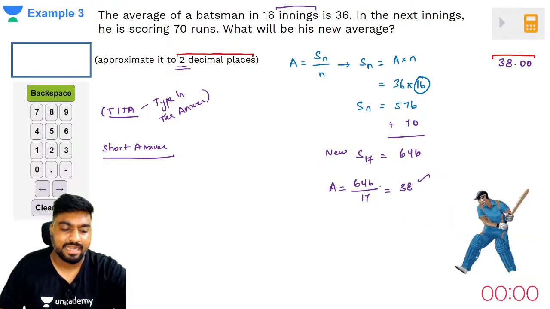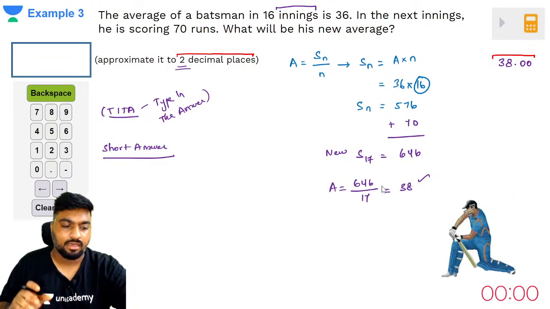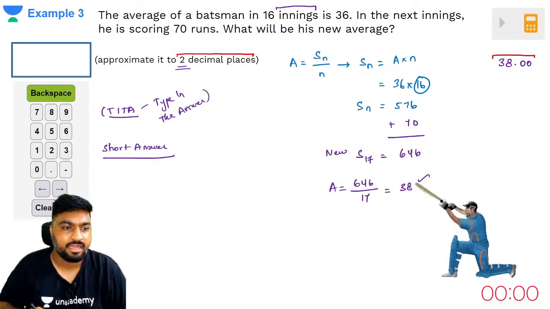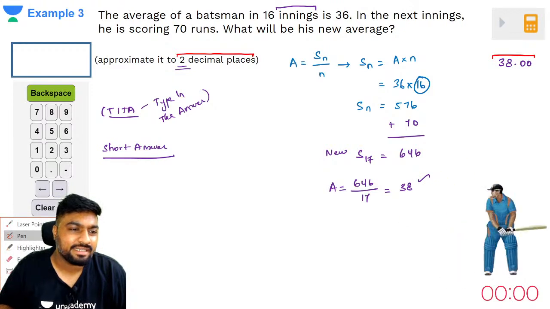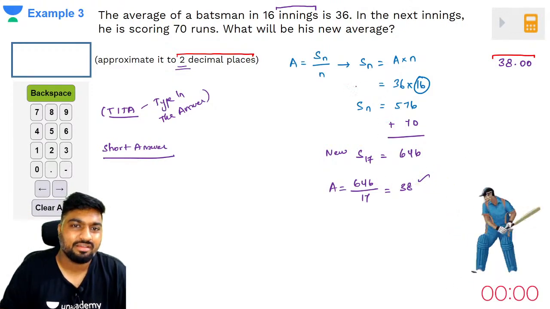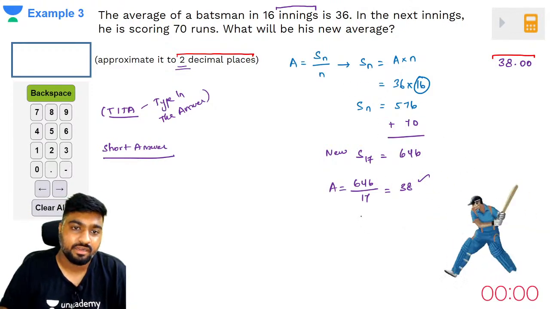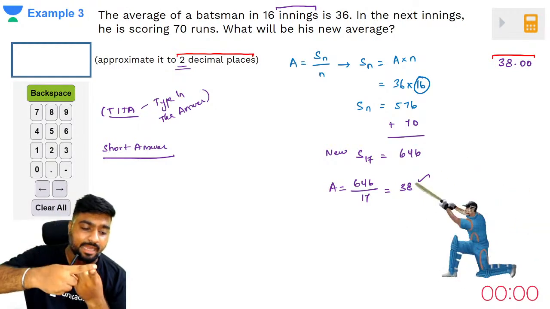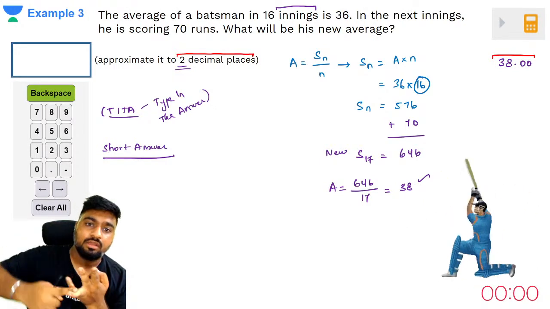Yeah, this is your standard method of doing, okay? Finding out the sum first and then finding out the average. This could be a little tiresome. It could be, ये ढूंढो, फिर ये add करो, फिर ये करो, फिर divide करो. You first multiply, then you add, then you divide.